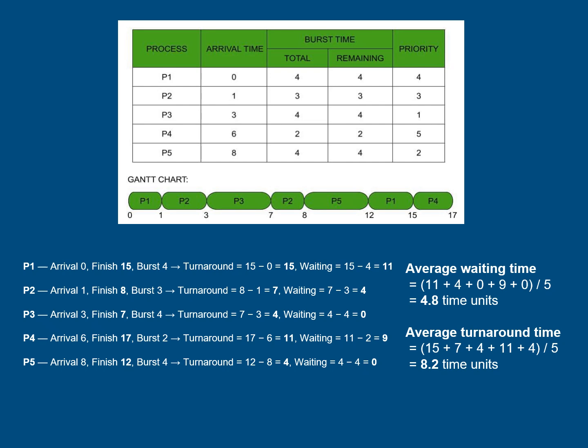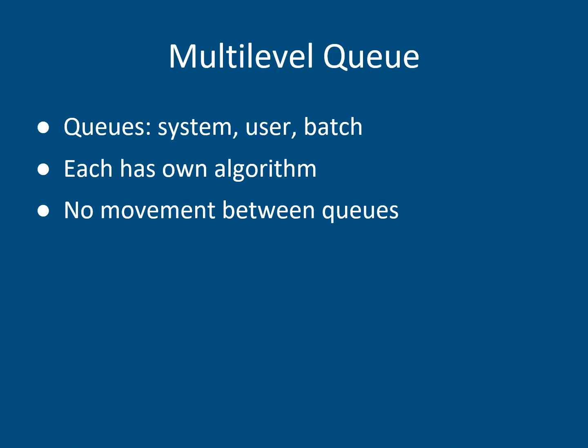That yields average waiting time 4.8 units and average turnaround time 8.2 units. Note how high priority or early arriving jobs get faster service while lower priority jobs, here P4, can end up waiting longer. That's the trade-off with preemptive priority scheduling.